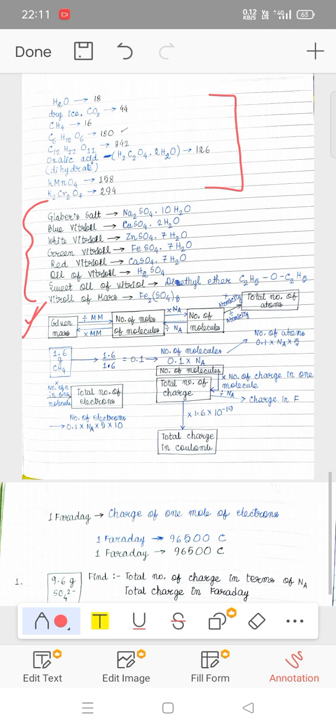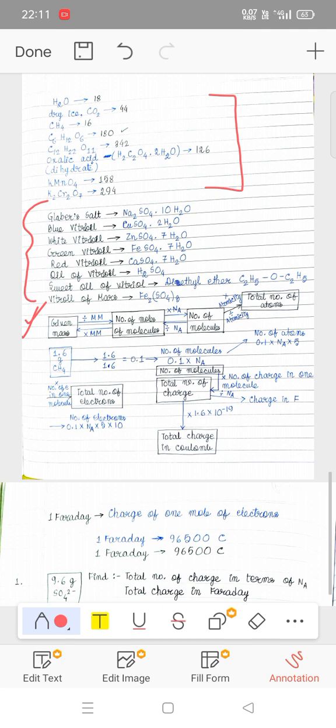By multiplying by Avogadro number. And if the reverse happens, that is, the number of molecules is given and we are required to find the number of moles of molecules, we will divide the number of molecules by Avogadro number, so we will get the number of moles of molecules.